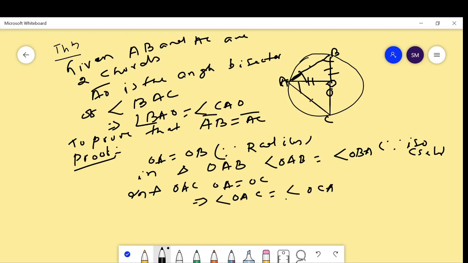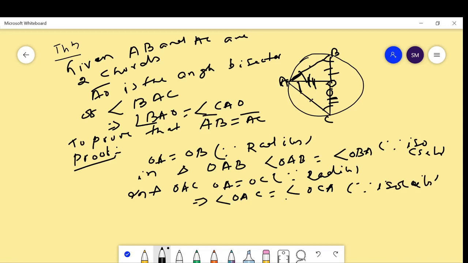These two sides are equal since radius. OA is equal to OC since both are radius. This implies OAC is equal to OCA since isosceles. These two sides are equal, which shows that this angle is equal to this angle since isosceles.